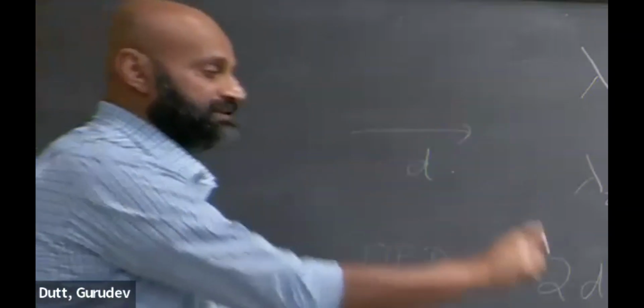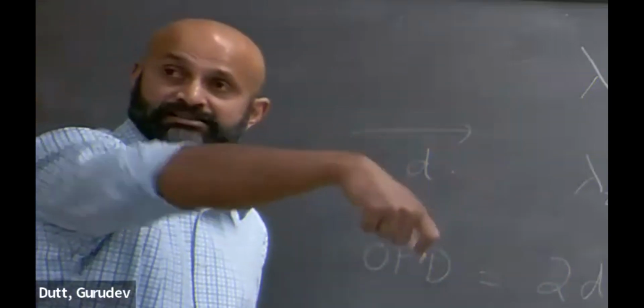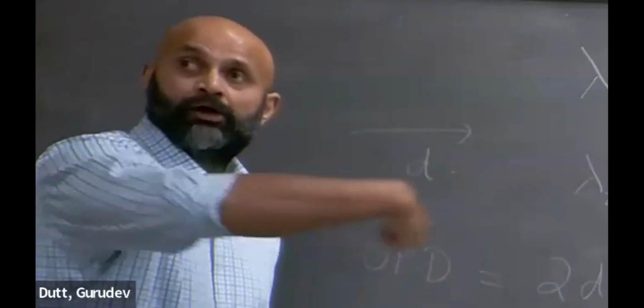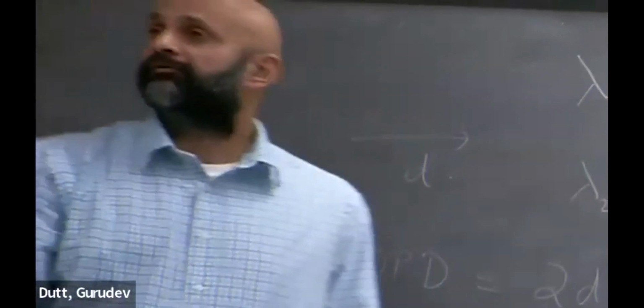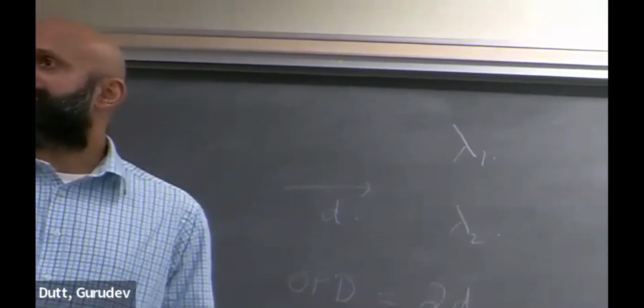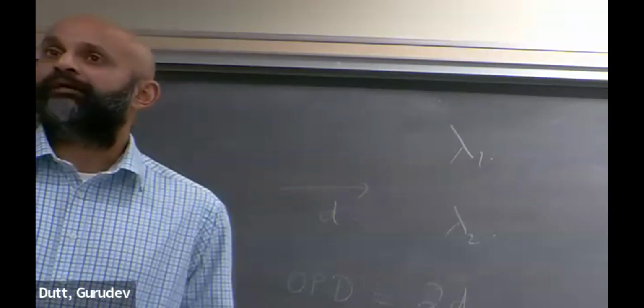And now, when this happens, I've just said n fringes move past for the first wave. So by how much does the path length change in terms of lambda 1 for that particular wave? How many repetitions have happened?